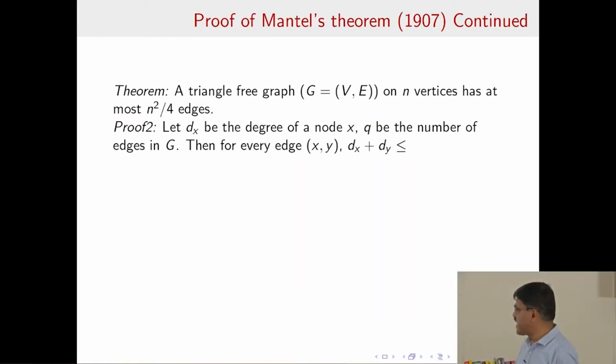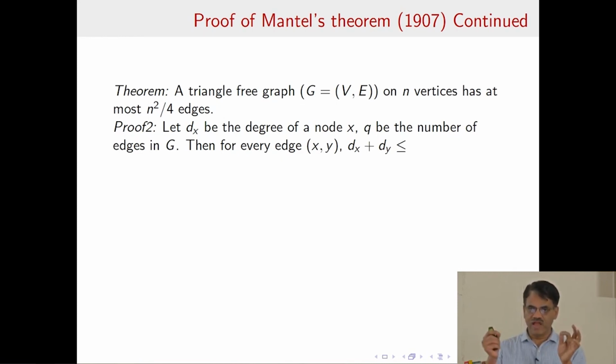Suppose dx is the degree of a node x, then what can you say about dx plus dy? For if xy is an edge, we already saw this actually. Dx plus dy can be at most how many? 2e. Triangle free. Remember, we are using the fact that this is triangle free and xy is an edge.